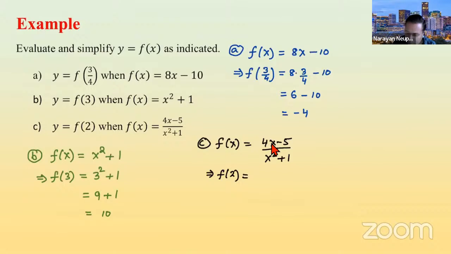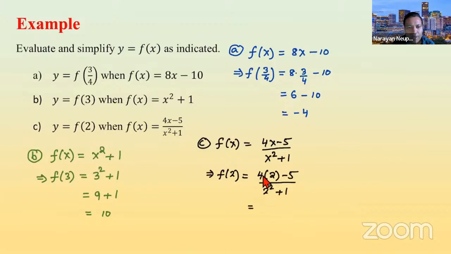So if we plug in, in the numerator we have 4 times 2, x is 2, minus 5, divided by, in the denominator, x is 2, so that will be 2 squared plus 1.